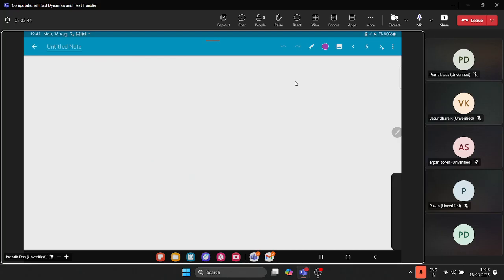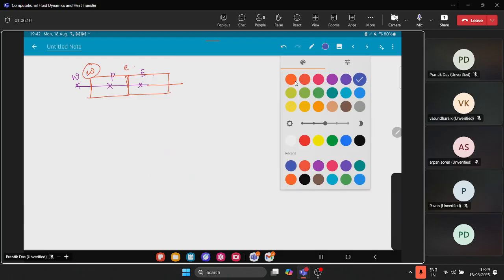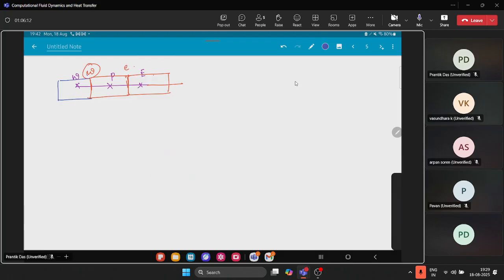So this is point P, this is point E, this is point W, and this is small w and this is small e. Small e is the common cell face between the east cell centroid and the P cell centroid, and small w is the cell face between the west cell centroid, on the left hand side of the P cell centroid, and the P cell centroid itself.